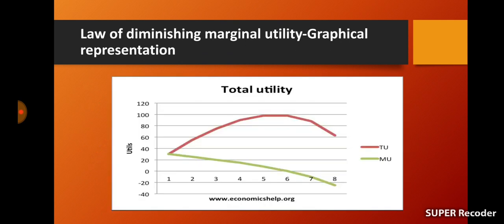And here in this graph we can see the marginal utility with the green line and total utility with the red line. Marginal utility goes on diminishing, but total utility is increasing in the first stage, attains the maximum, and finally starts to decline.